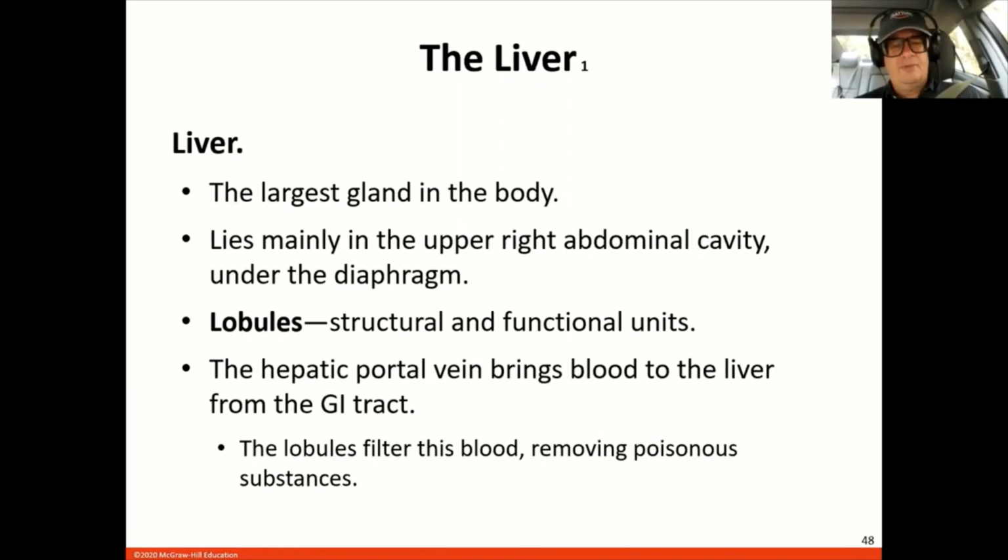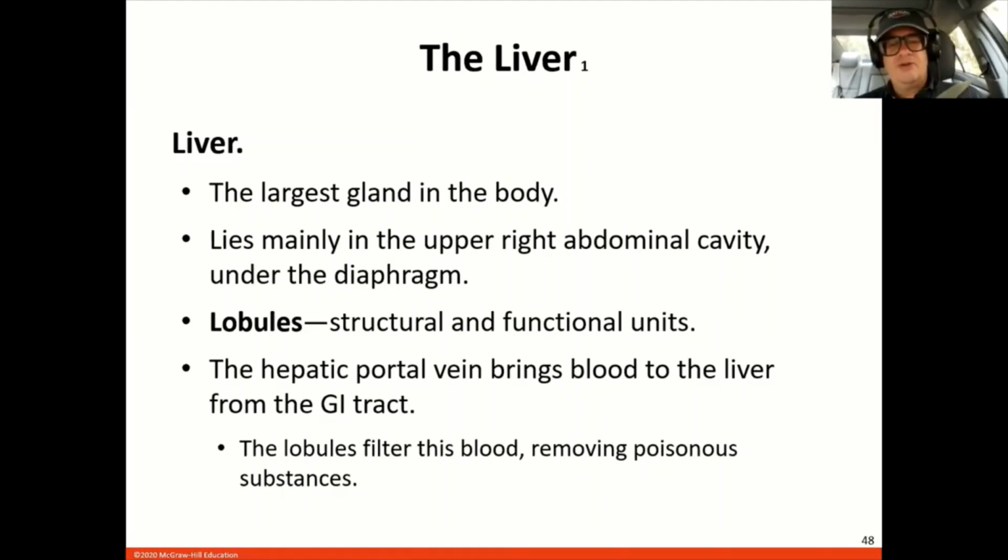Now, the hepatic portal vein we hadn't talked about yet. I hinted at it a few times when we were talking earlier about the intestines. You take in nutrients off of the intestines and they go to the rest of the body, and I'm like, probably goes to the liver first. This is what we're talking about.